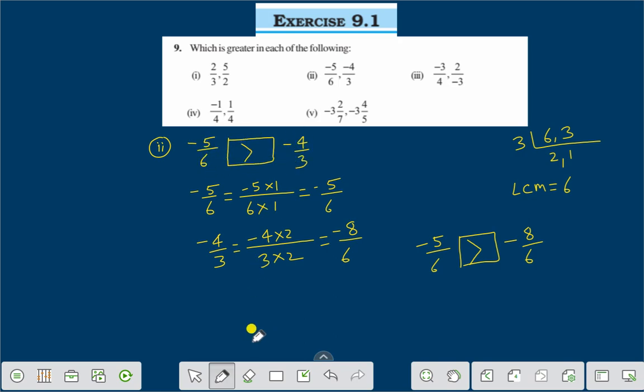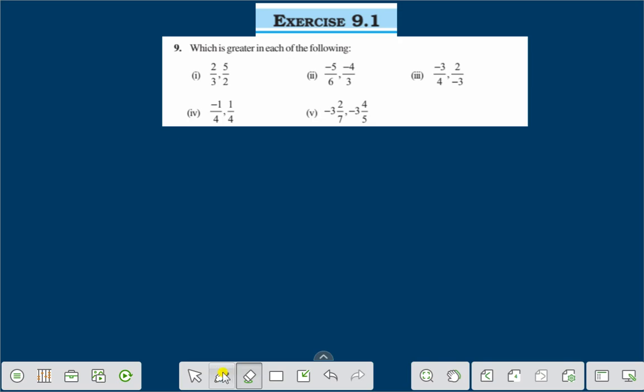Now, question number 3. Question number 3 is minus 3 by 4 and 2 by minus 3.